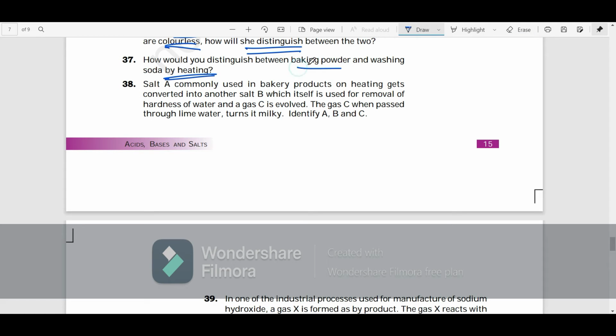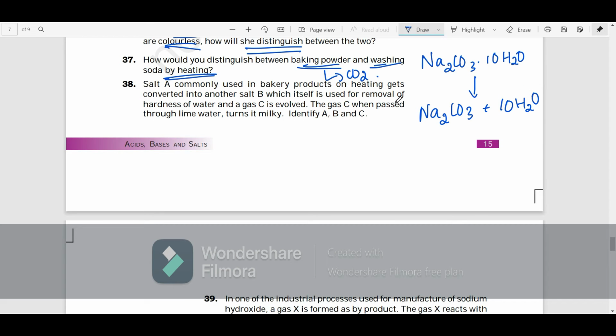So when you heat baking soda, it gives you carbon dioxide. But when you heat washing soda, it just loses its water of crystallization. Na2CO3.10H2O just becomes Na2CO3 and 10H2O. That's it.